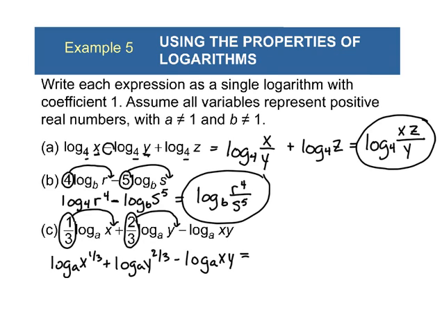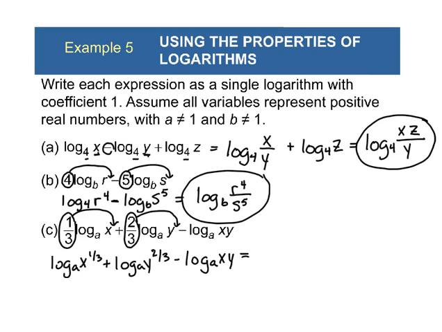I'm going to do this addition and subtraction at the same time. This just means that inside my logarithm, this value and this value, since they're being added, are going to be in my numerator. And this right here is going to be in my denominator.